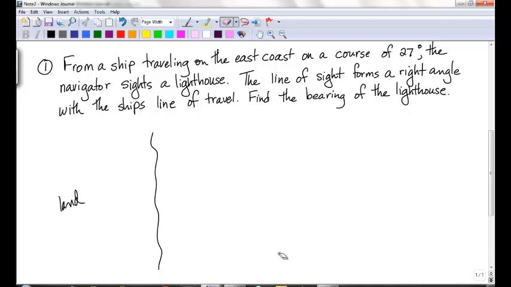That does you no good because you're going to use the geometry. So draw a coordinate axis big enough that you can see the angles. It's on a course of 27 degrees. So 0, remember, is up here at the north. 27 degrees, I'm just going to estimate it. This ship's going off this way, but the ship is right here.